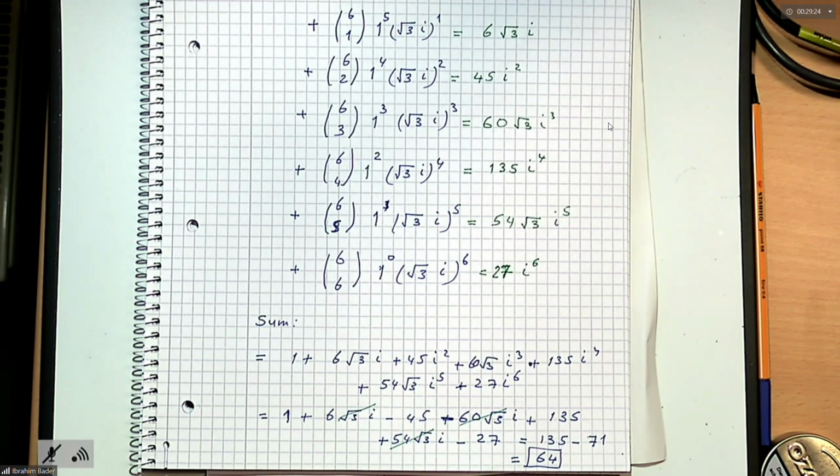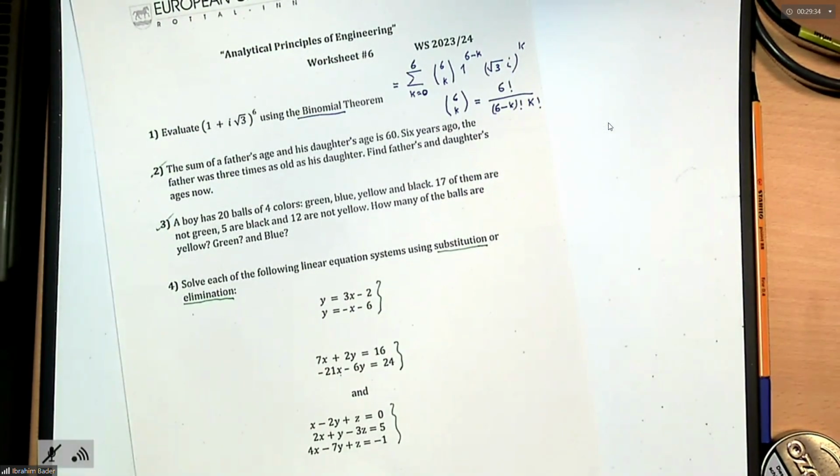I hope it's clear for everyone. Let me just write it here. Using the fact that, first of all, i to the power 3 is equal to minus i, and i to the 5 equals i, i to the 4 is clear, 1, and i to the power 6 is negative 1.